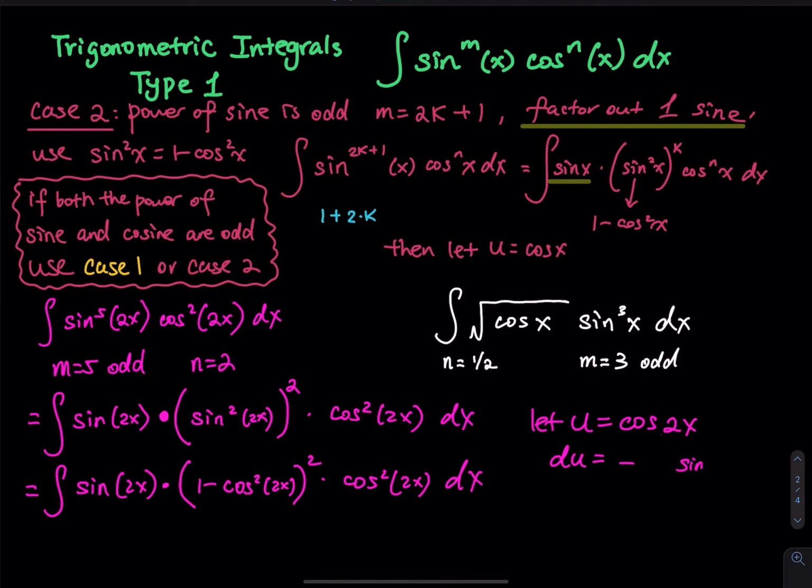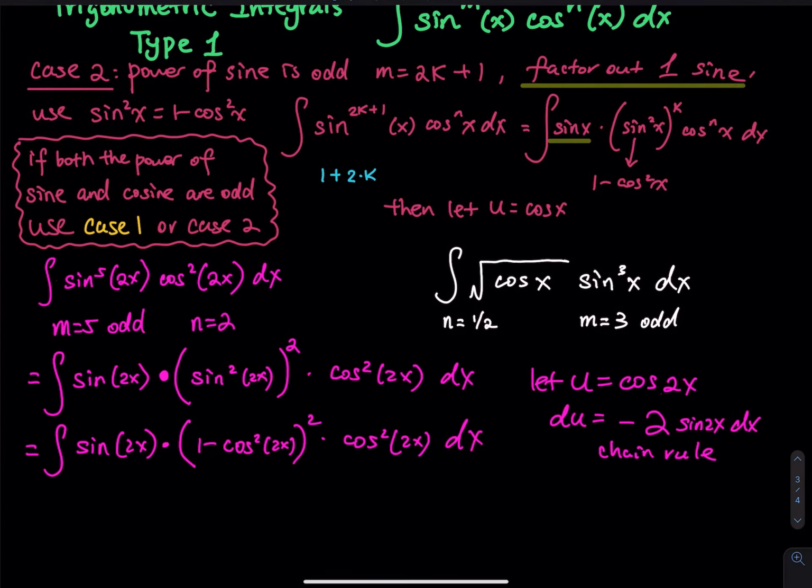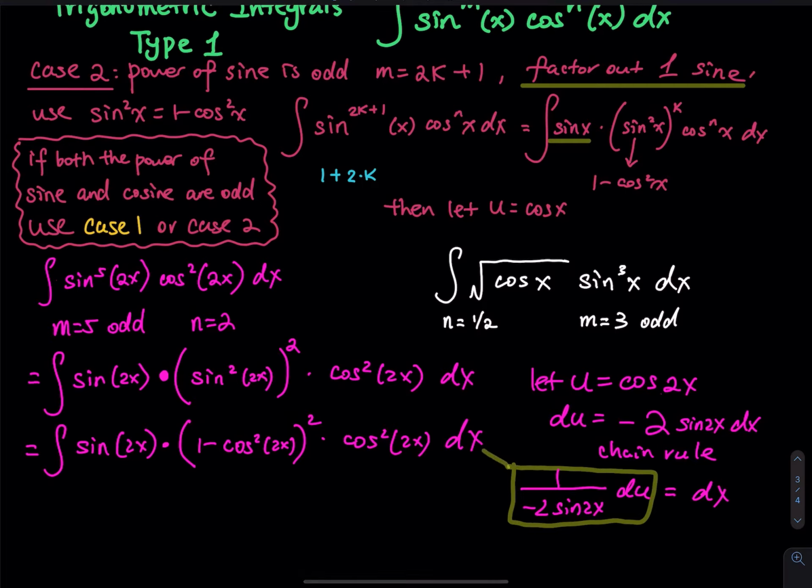So you have sine of 2x, and then use the chain rule. There is a 2 in front of the sine. And then you have 1 divided by negative 2 sine of 2x du equals dx. And then you are going to do a change of variable, so you will be putting this dx over here.